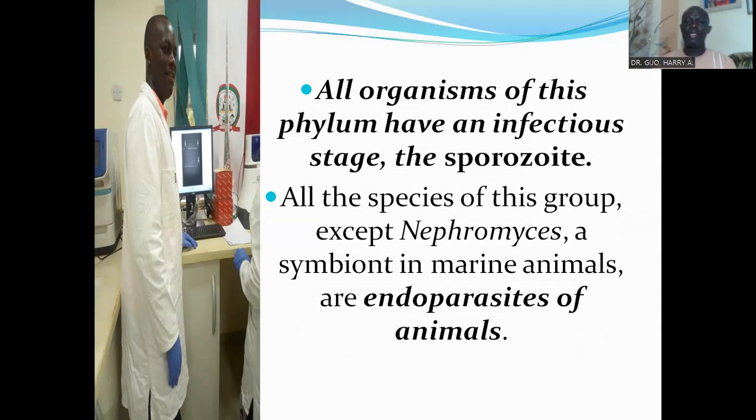All the species of this group, except Nephromyces, a symbiote in marine animals, are endoparasites of animals. They live within animals.